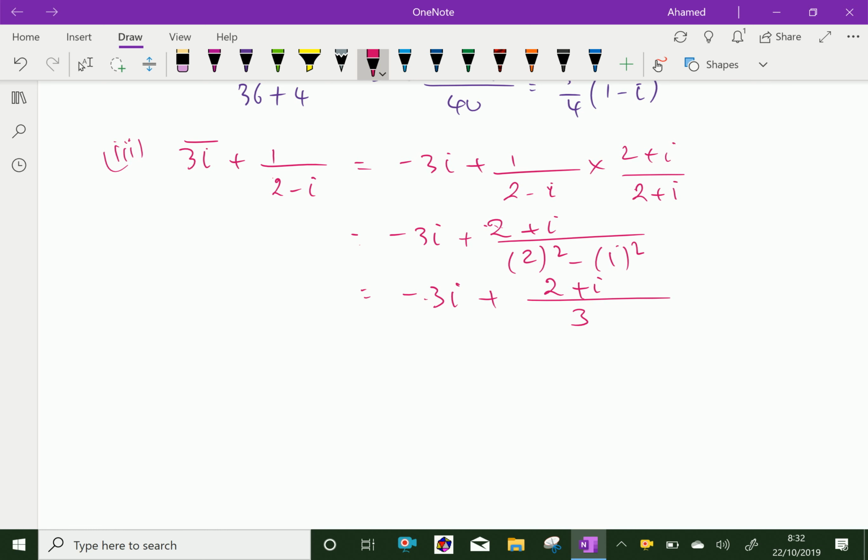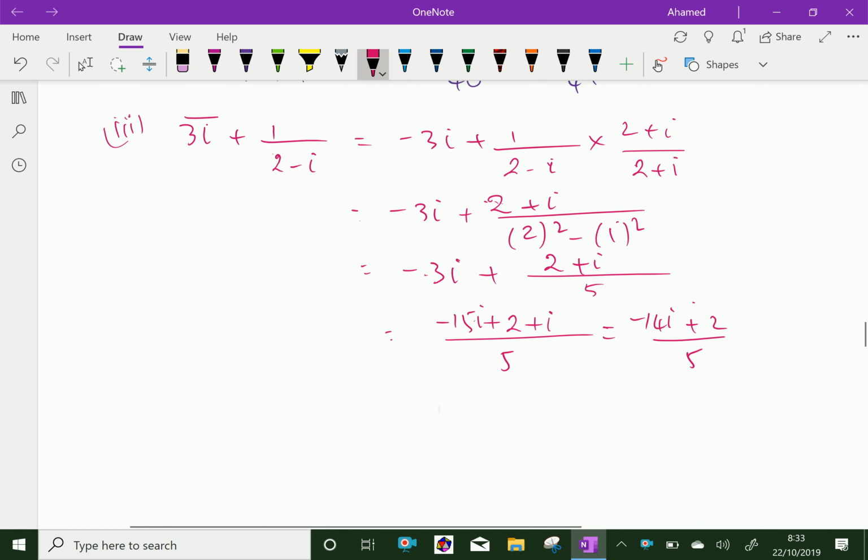Here 2 plus i, take an LCM of 3 minus 9i, 3 into 3 is 9, plus 2 plus i, which gives, it is 5, not 3, because 2 square plus 1, 4 plus 1 is 5, which equals minus 8i, 15i here, that is minus 15, that is minus 14i plus 2 over 5.